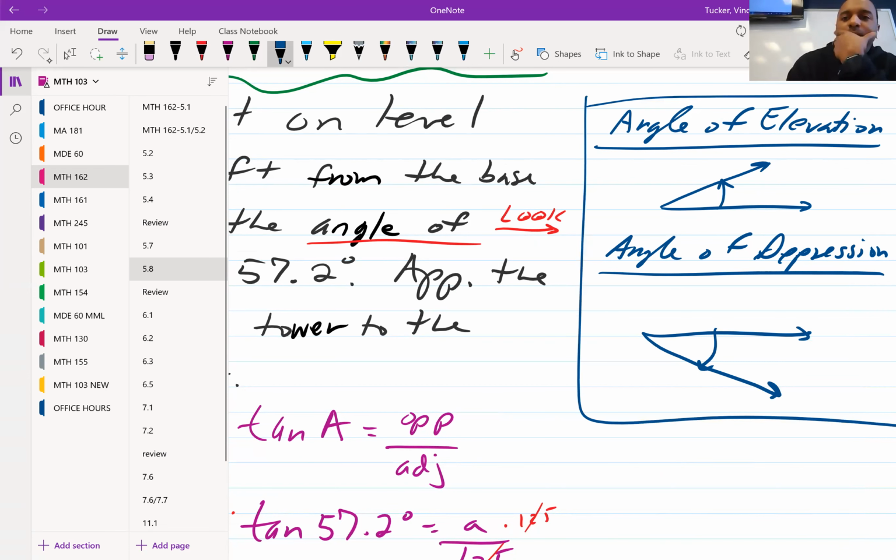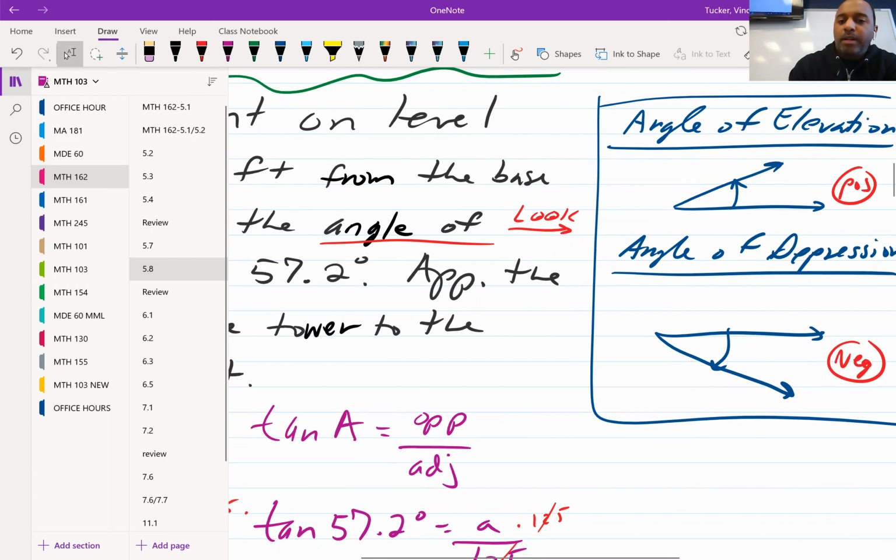So angle of elevation is your angle going up. I try to show direction here. And angle of depression is your angle going down. So it's the difference between a positive angle versus a negative angle. We talked about your angle being in standard position. This would be the same thing as a positive angle, and this would be the same thing as a negative angle. Scrolling back to the problem.